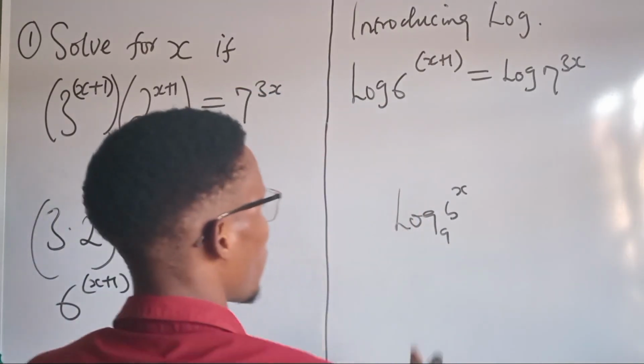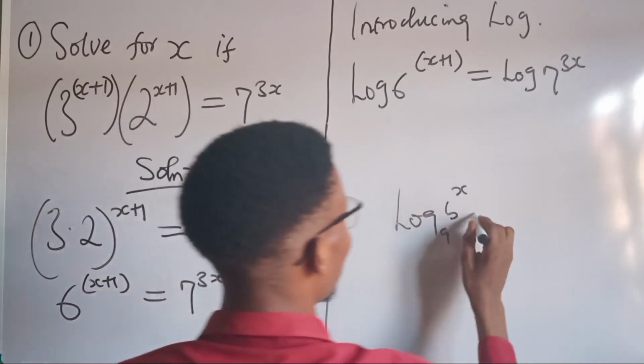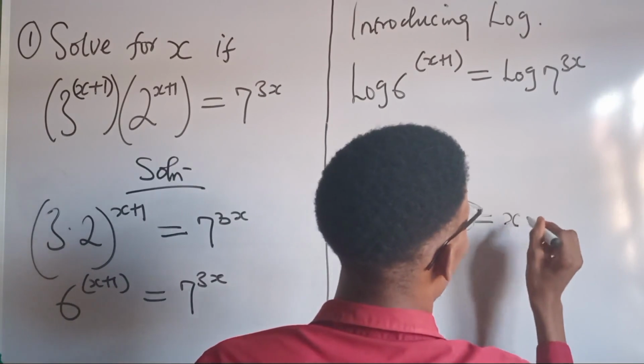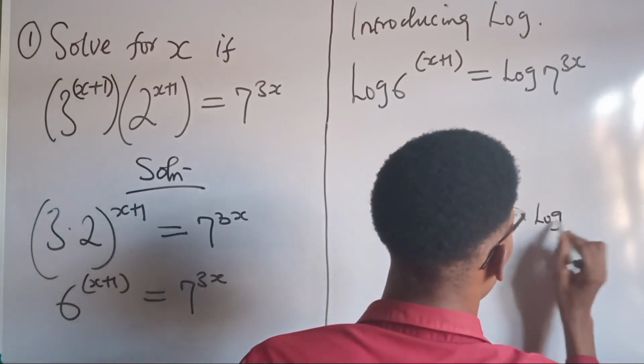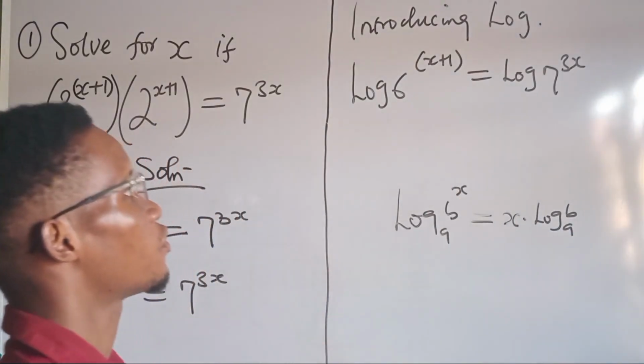What we have to do here is this x will come down to multiply the whole of this, which will now be x multiplying log of a base b. This is how it's going to look like.